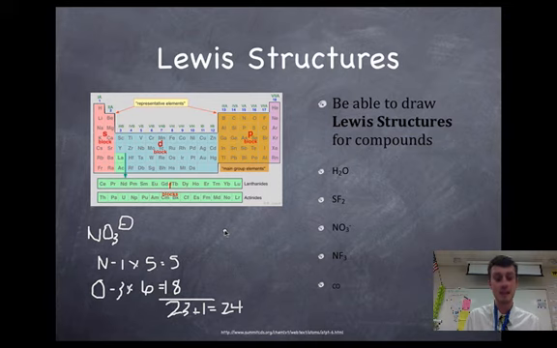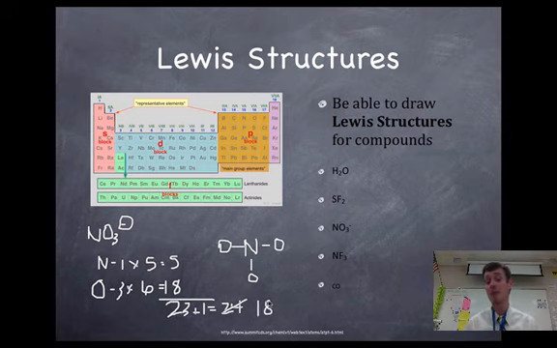So my next step is to draw out my bonds. I have NO3, so I'm going to have 3 bonds to the oxygens. I've used 6, so now I have 18. Next I'm going to make sure that all of my outer atoms, so my oxygens in this example, are happy, to make sure they all have a full valence shell.